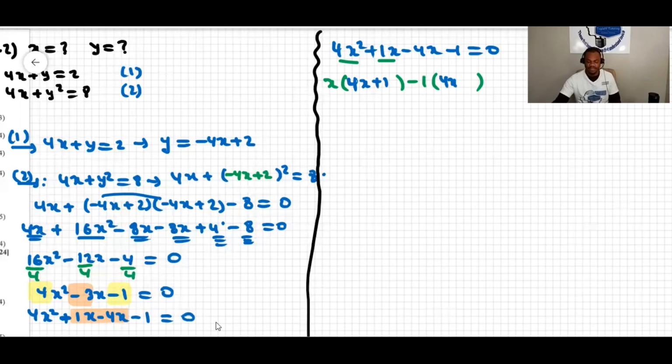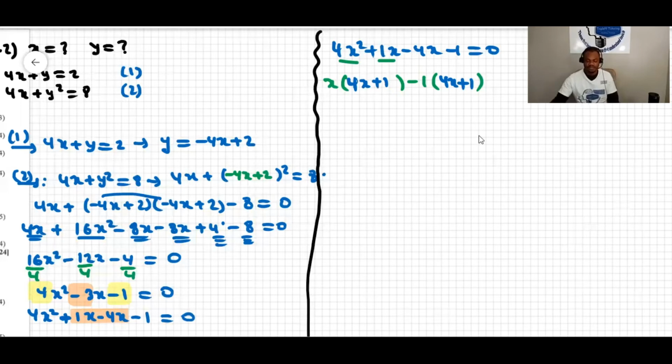I have positive 4x, because negative 1 times negative 4x makes positive 4x. And then over here, it must be plus 1, because we took negative 1 as a common factor between these 2 terms. Check this out: negative 1 times 1 will make negative 1.